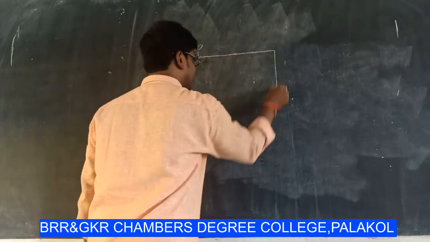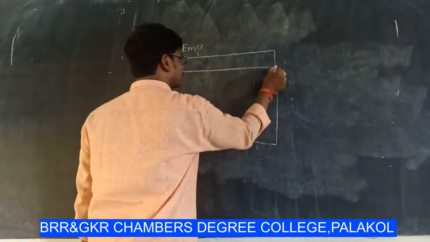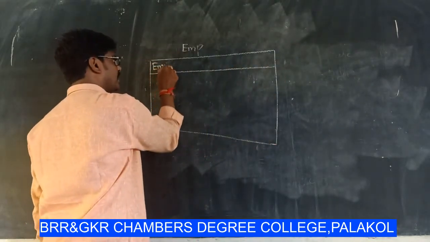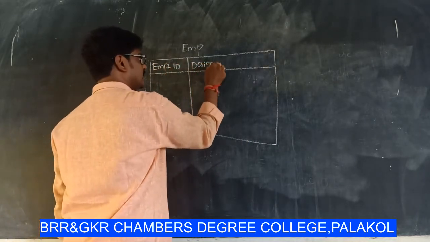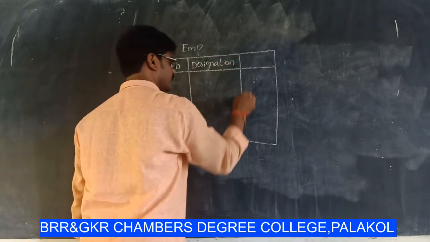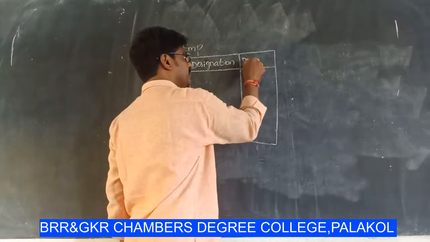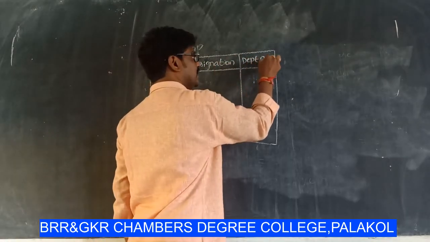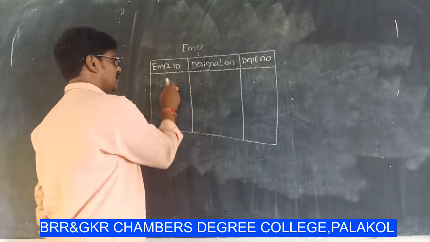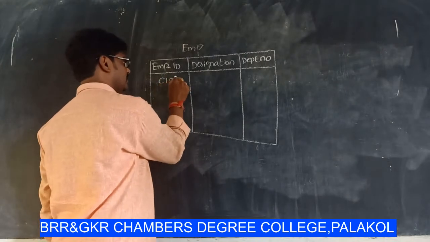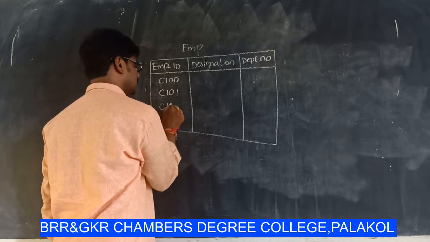The employee attributes are employee ID, designation and department number. Employee IDs are C100, C101, C102.